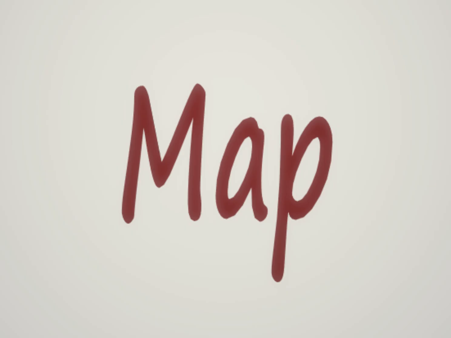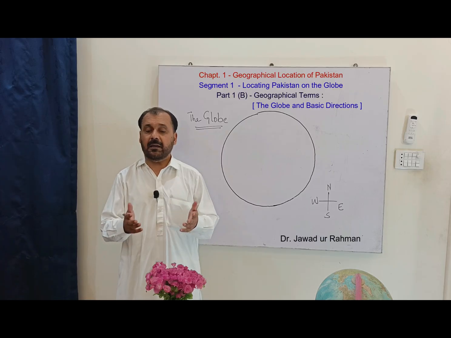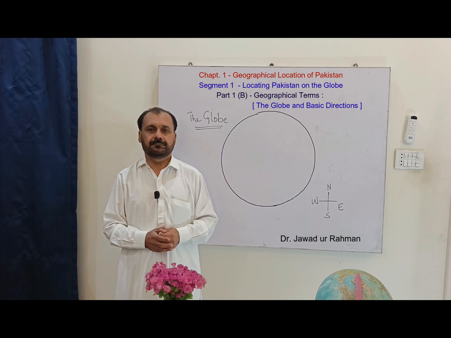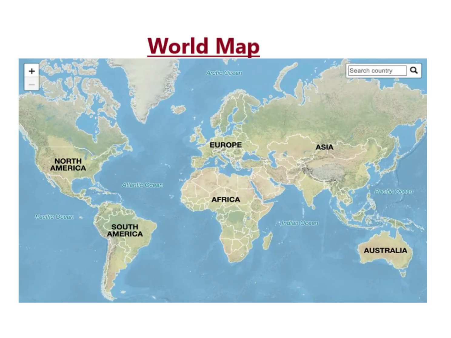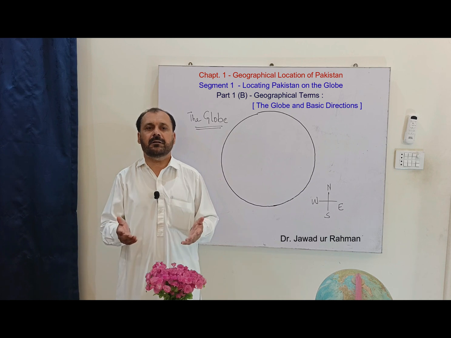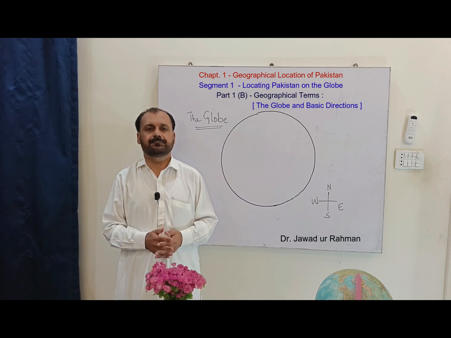We can also study geography using maps. Maps are extremely useful, but there is an important difference between a globe and a map. The earth is spherical, whereas a map represents the earth's surface on a flat surface. As a result, when the curved surface of the earth is presented on a flat map, some degree of distortion is unavoidable.